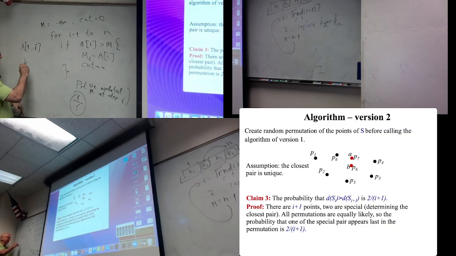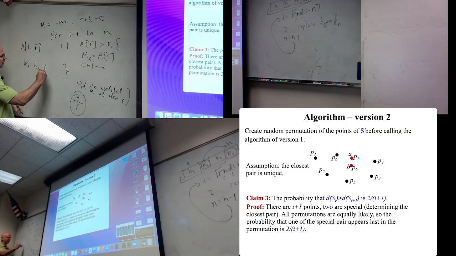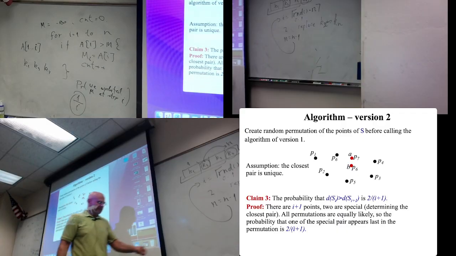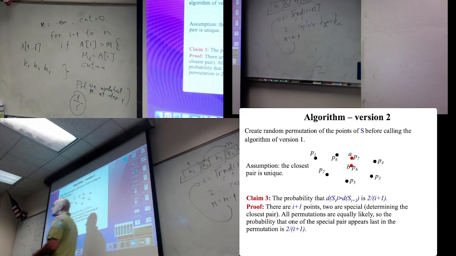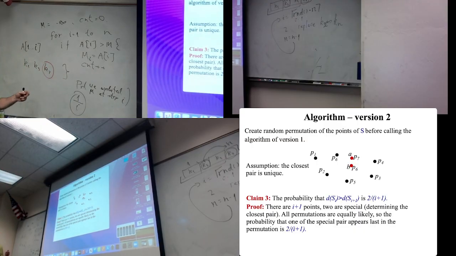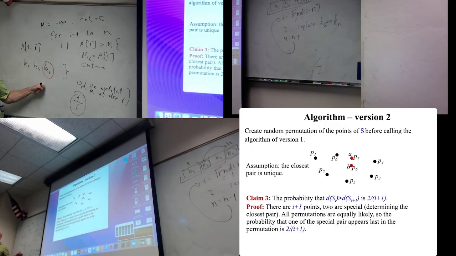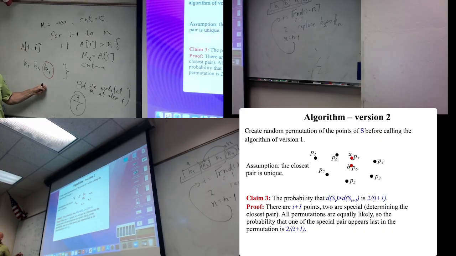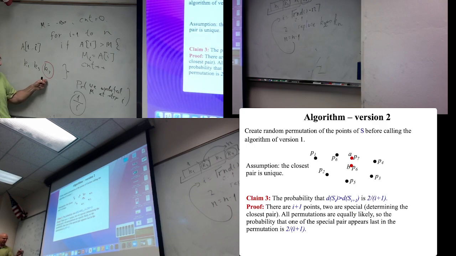So I have K1, K2, K3, let's say, and one of them is special, is unique, because it's a maximum or the minimum or some other property that makes it unique. All I need is that it will be unique. In any subset of my elements, there will be a unique such element. Now when I take a random permutation of the elements, this unique element should not depend on the order, of course.